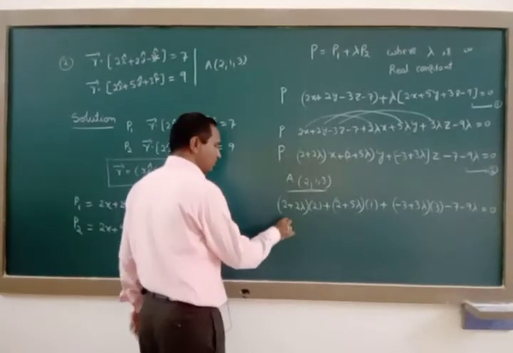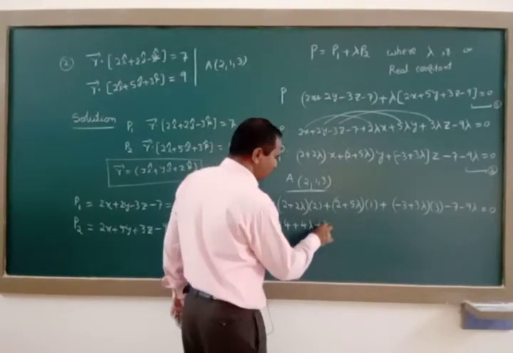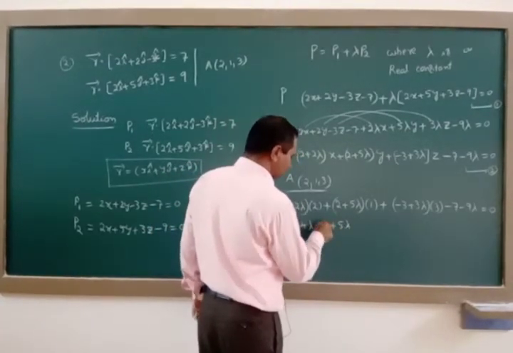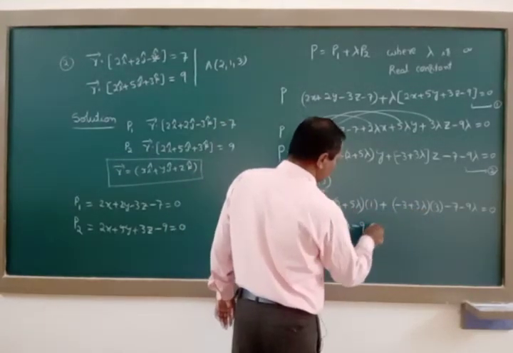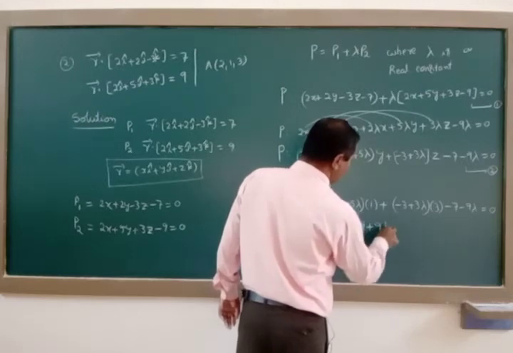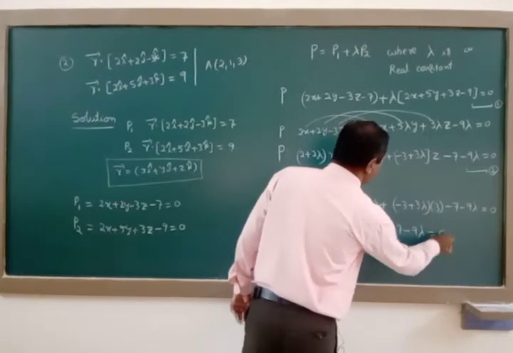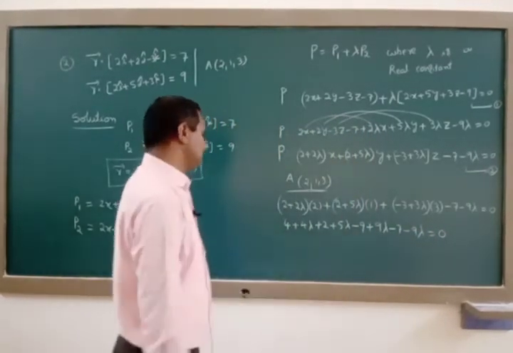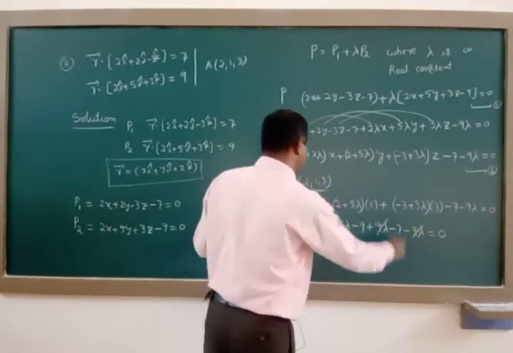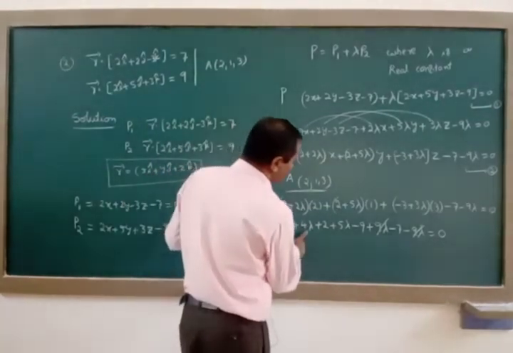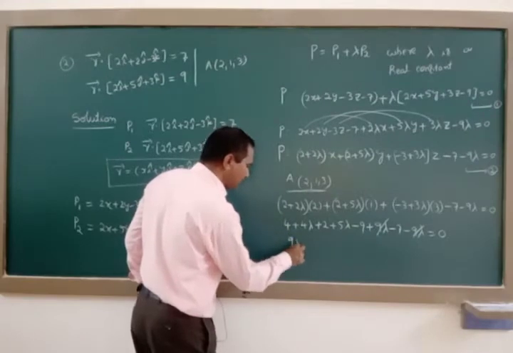Multiply with 2: 2 times 2 is 4, plus 4 lambda, plus 2 plus 5 lambda. Next multiply with 3: minus 9 plus 9 lambda, minus 7 minus 9 lambda is equal to 0. Next, plus 9 lambda minus 9 lambda cancels. The lambda terms: 4 lambda plus 5 lambda, totally 9 lambda.